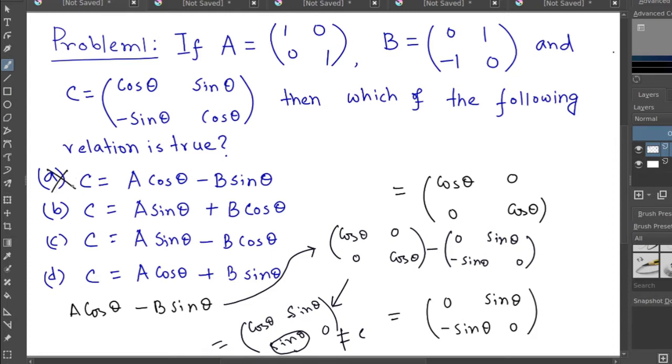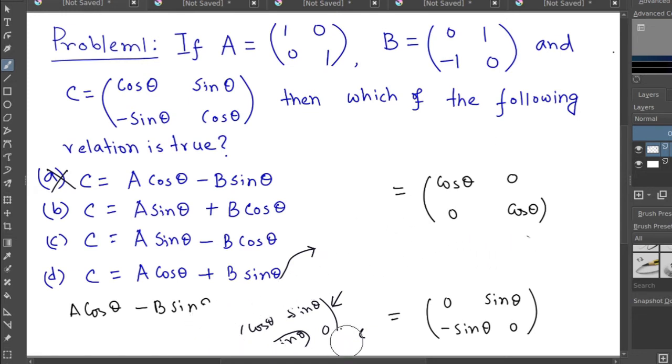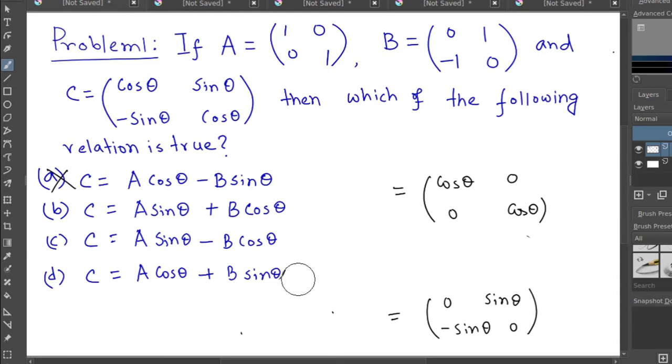Since we already have calculated A cos theta and B sin theta, now let's calculate option D, which is given as A cos theta plus B sin theta.